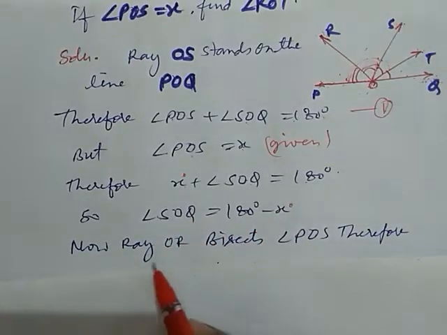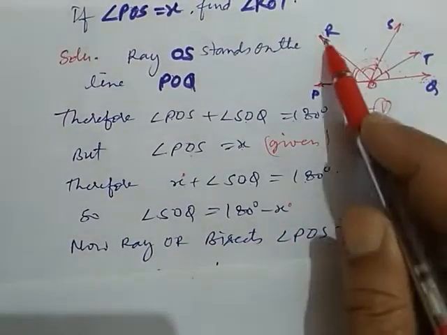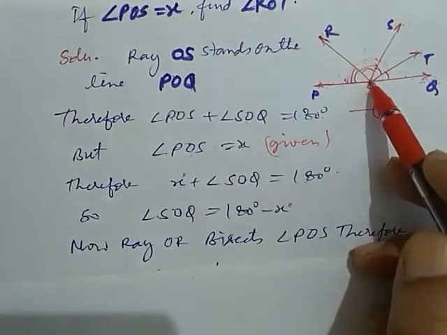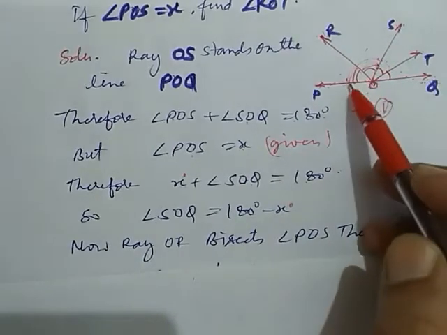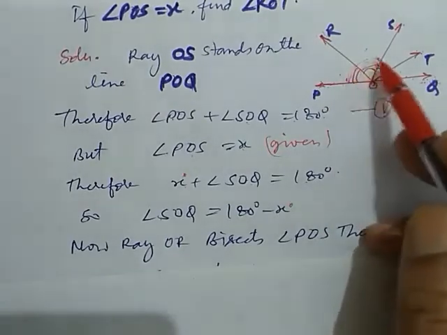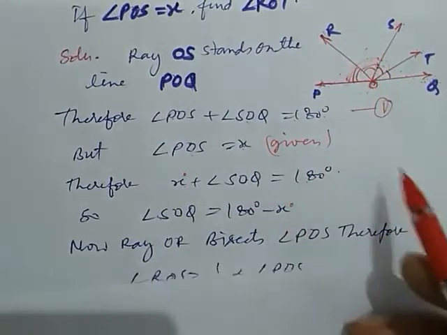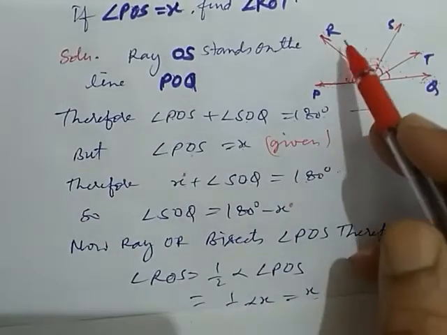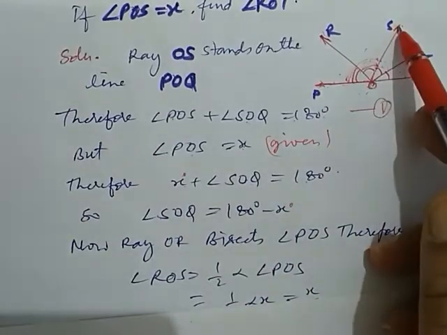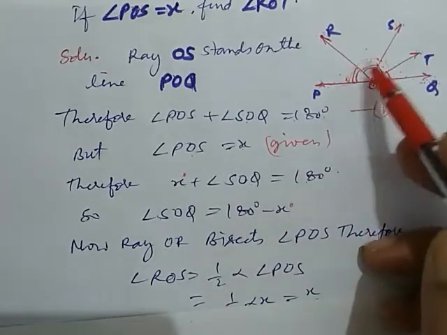Now ray OR bisects angle POS, so these two angles formed are equal. So angle ROS is half of angle POS, and POS is x.